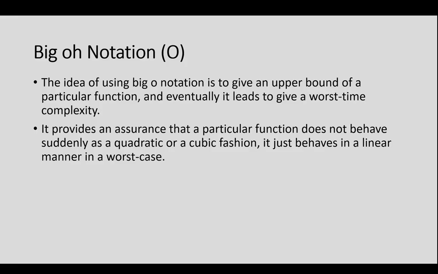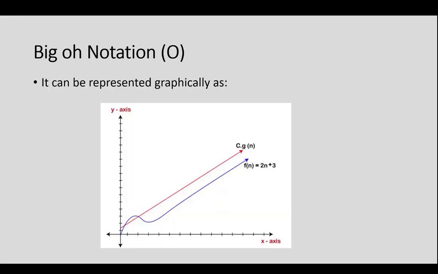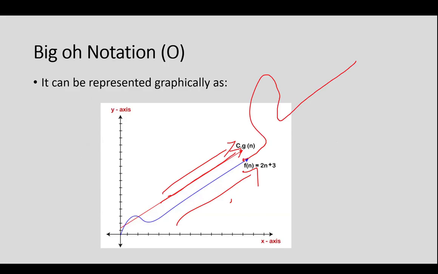Once we found the upper bound, it says that this is going linear to this, right? So this is a straight line, this is a straight line. So they are linear to each other. Suddenly, when I come here, it may go like this. So non-linear behavior or cubic behavior, it won't show.